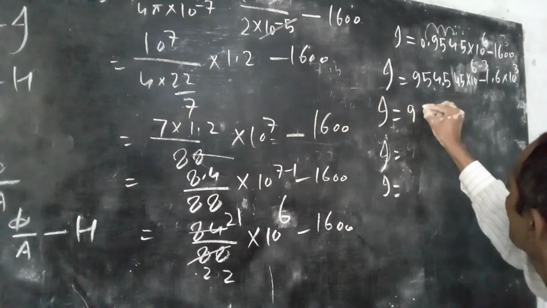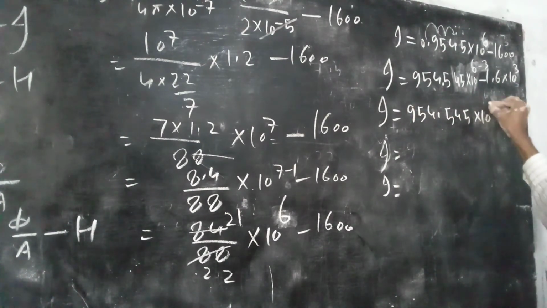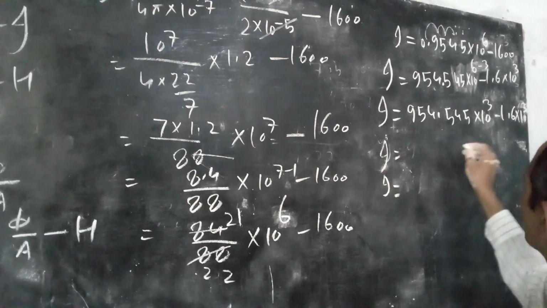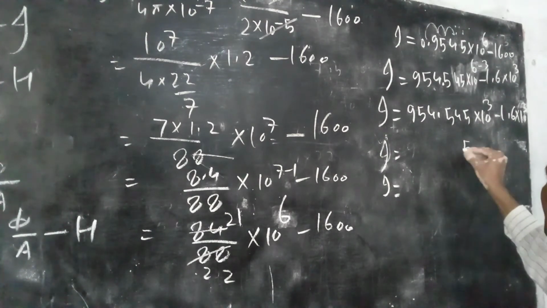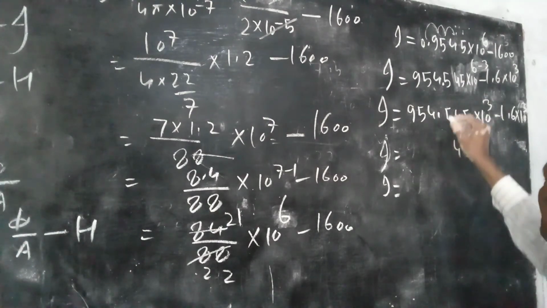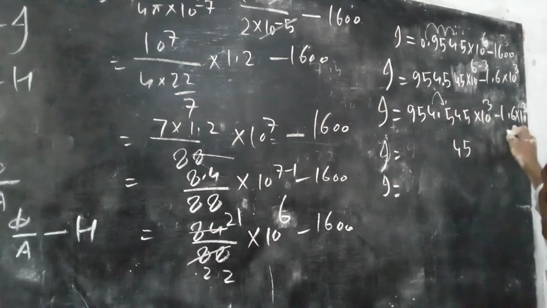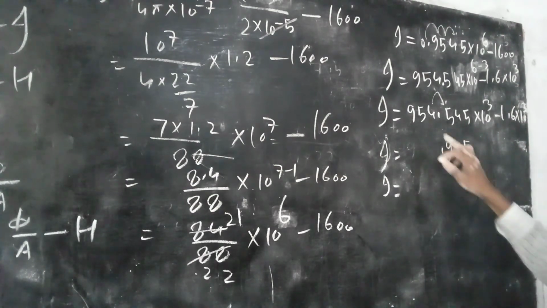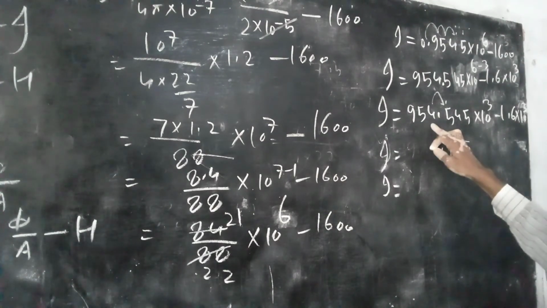Now subtract: 954.545 into 10 to the power 3 minus 1.6 into 10 to the power 3.